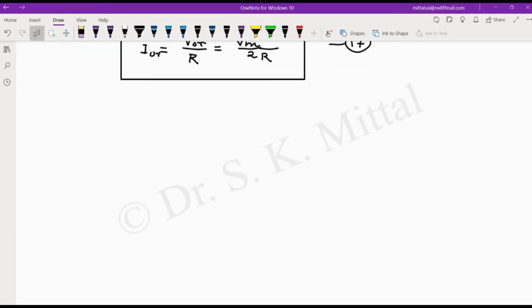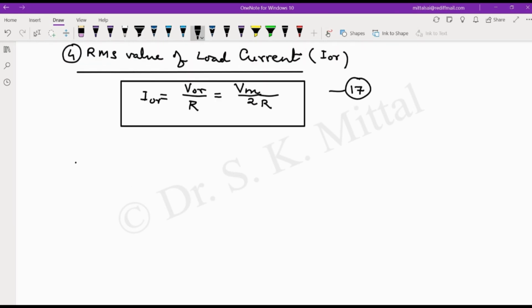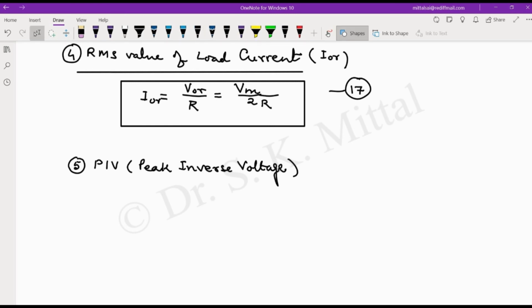Now after that, a very important parameter is calculated, which is PIV, known as peak inverse voltage. Peak inverse voltage is the voltage which is developed across any diode during reverse bias condition.